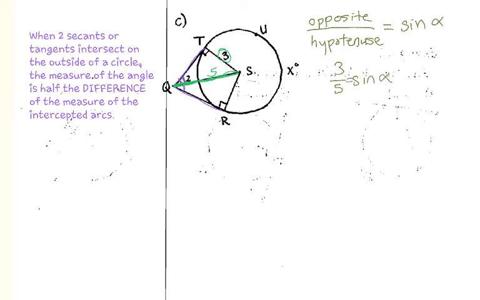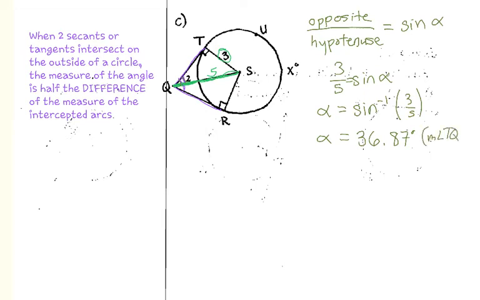To find the angle, we take inverse sine of 3 over 5. Punch it in our calculator, and we get alpha approximately equal to 36.87 degrees.